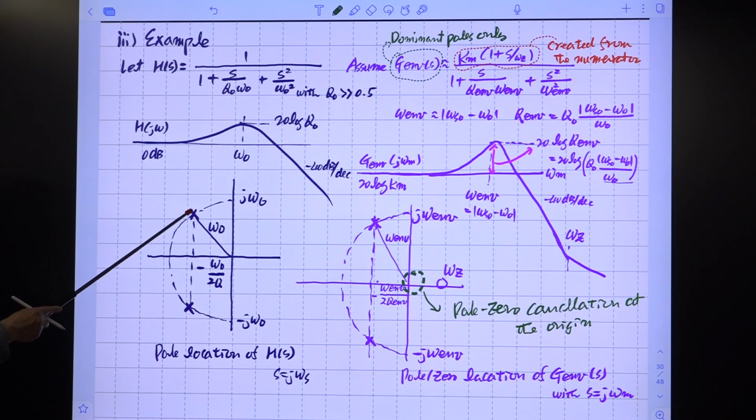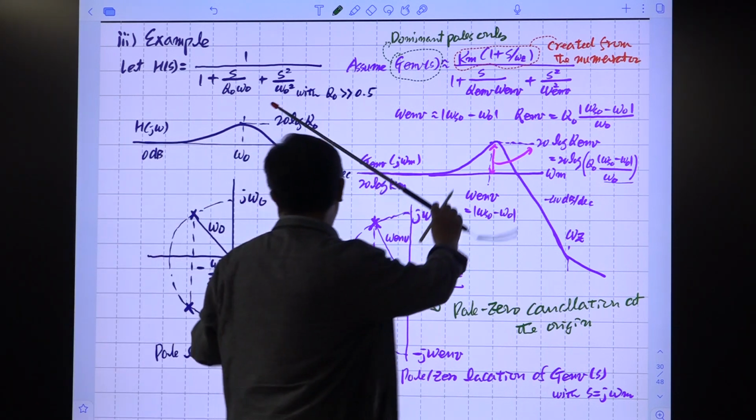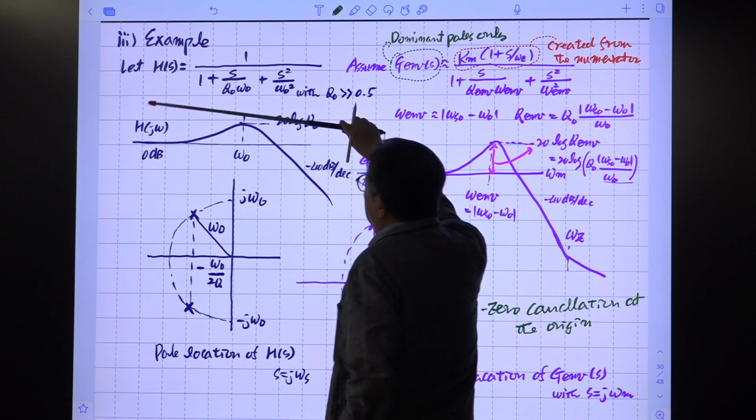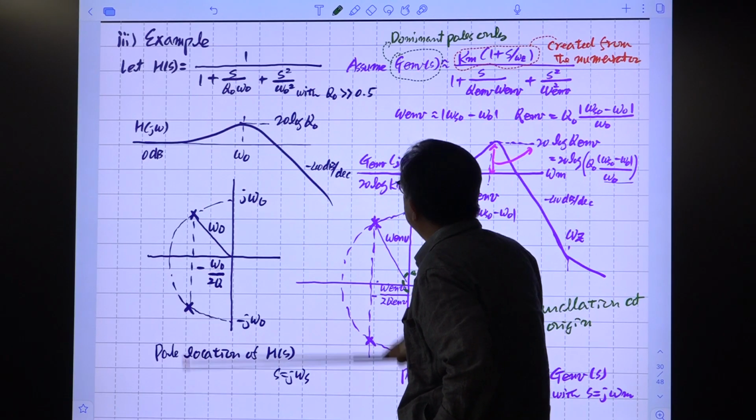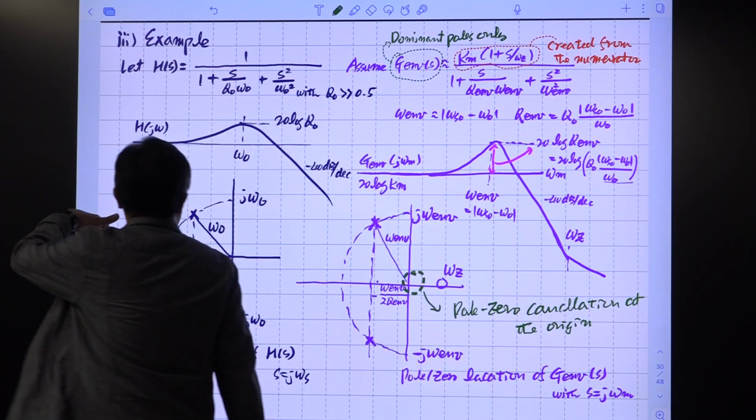Okay, and the distance between the origin and the pole location is omega naught, omega 0, and if you draw the half circle, then this is the j omega naught, and this is the minus j omega naught. We have this. All right. This is the tank transfer function representation, the Bode plot of this transfer function, and the pole location inferred from this expression. Okay. Then we know this.